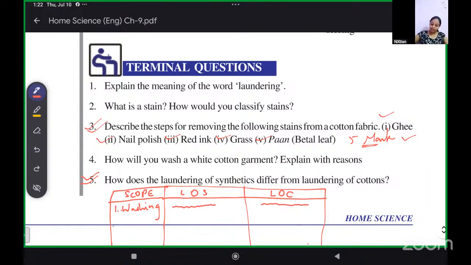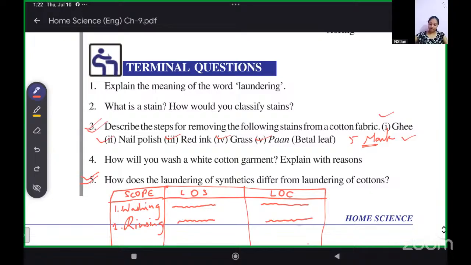Then I put two and write rinsing. Under synthetics I'll write rinse it with cold water, warm water, whatever is mentioned. And here also cold water, warm water, what's mentioned.